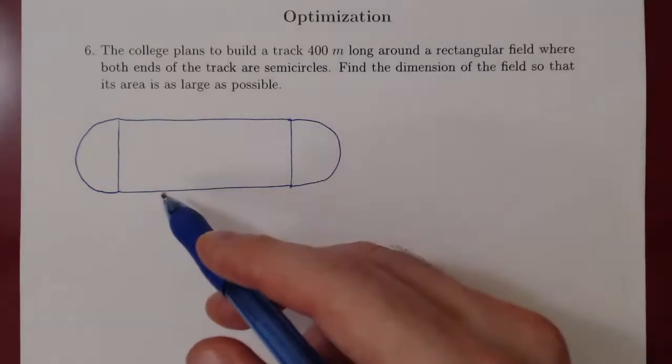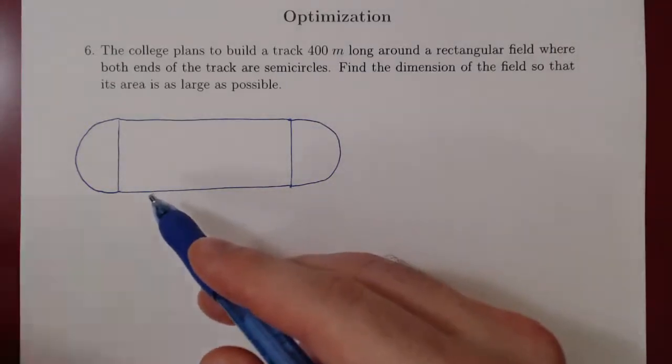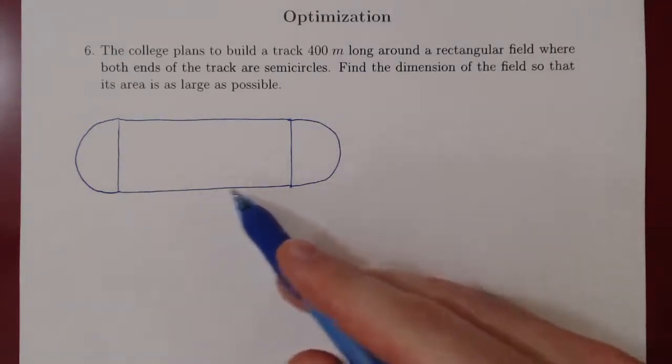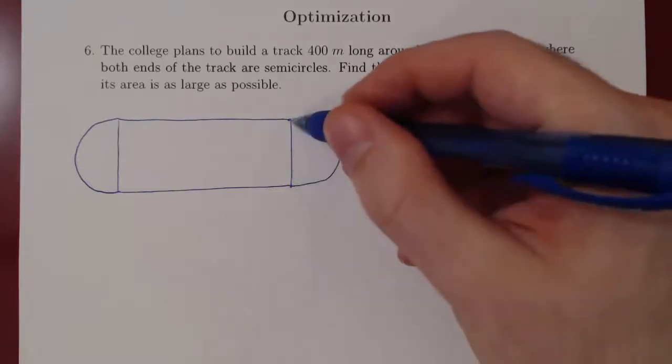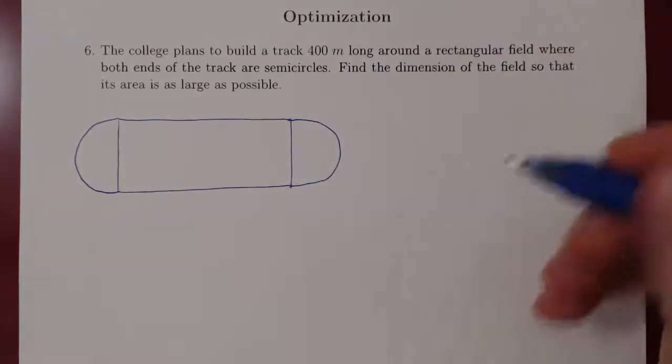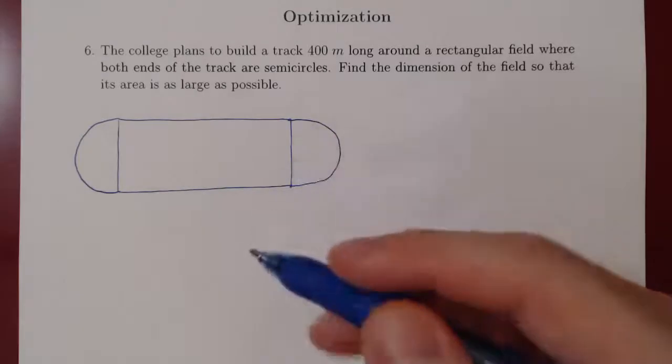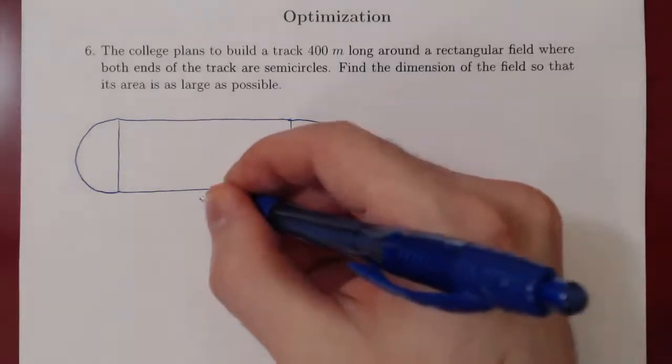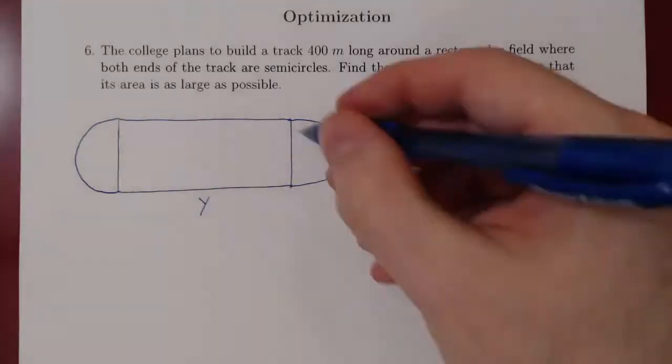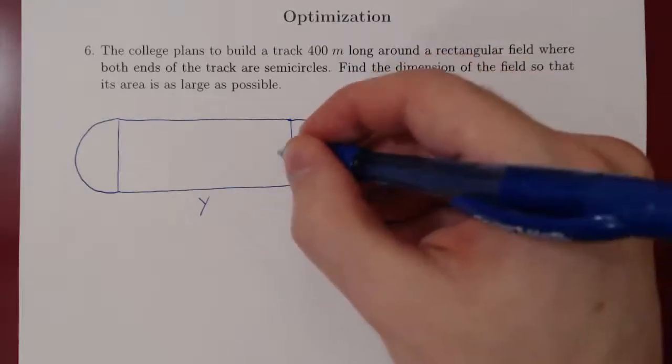Well, again, we have here two unknowns. We're asking, how long should the field be, and how wide should it be? Well, we don't know, so let's give these two variables a name. Let's call this one y. Let's call this x.